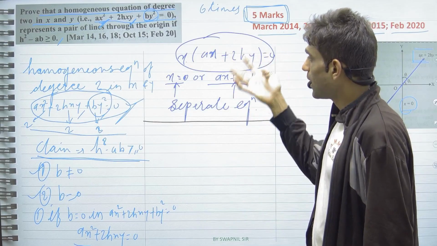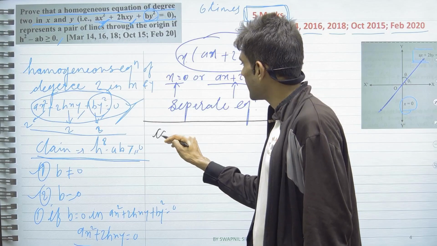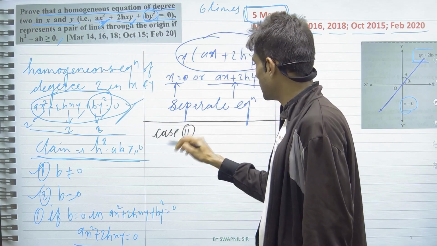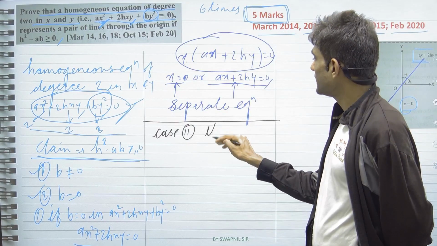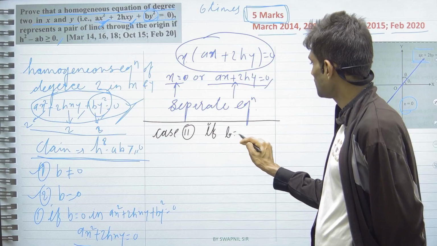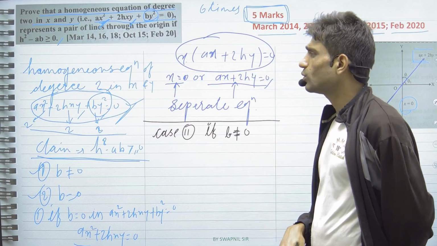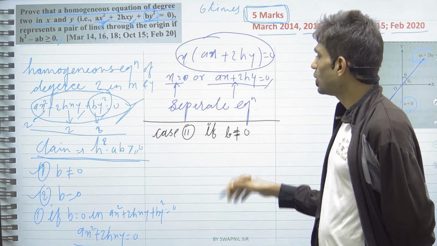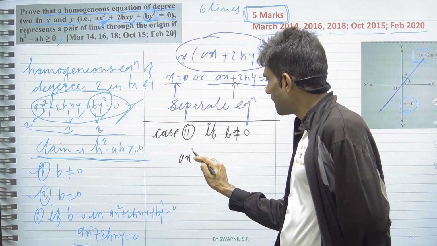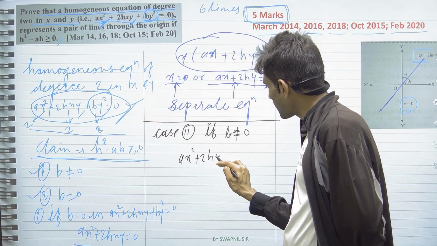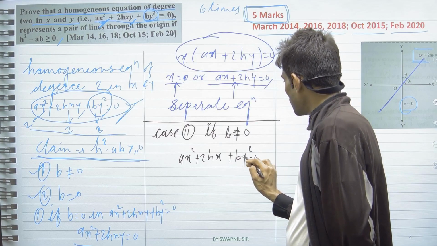Now we are left with the second case. If we consider case second, if b is non-zero, that means b is not equal to 0, then we are left only with the terms x square plus twice of hxy plus by square equal to 0.